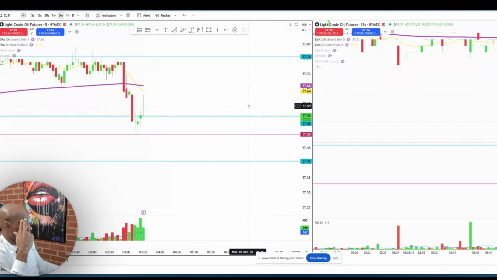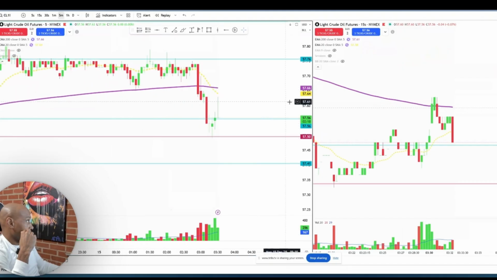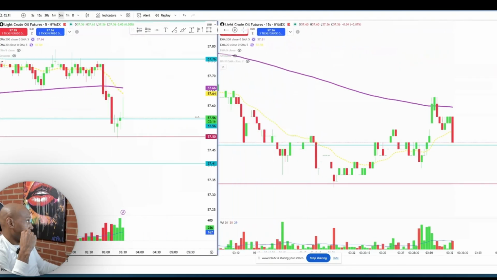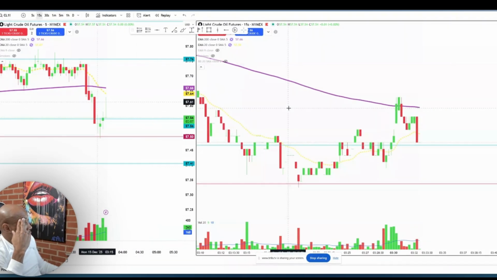I don't know. Those are the only things that I see at the moment. But like I said, those are things I look for. So I have to see reaction from one of those two areas, and then I have to see a certain pattern before I enter too.